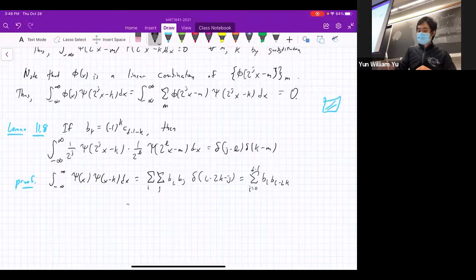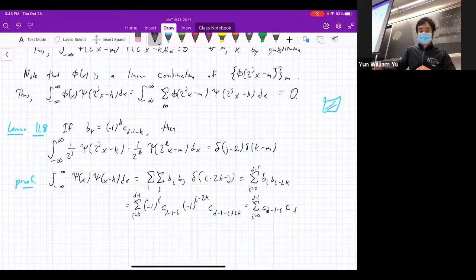And so this is equal to the sum over i equals 0 to d minus 1 of (-1)^i c_{d-1-i} times (-1)^{i-2k} c_{d-1-i+2k}, which is equal to the sum from i equals 0 to d minus 1 of c_{d-1-i} c_{d-1-i+2k}.